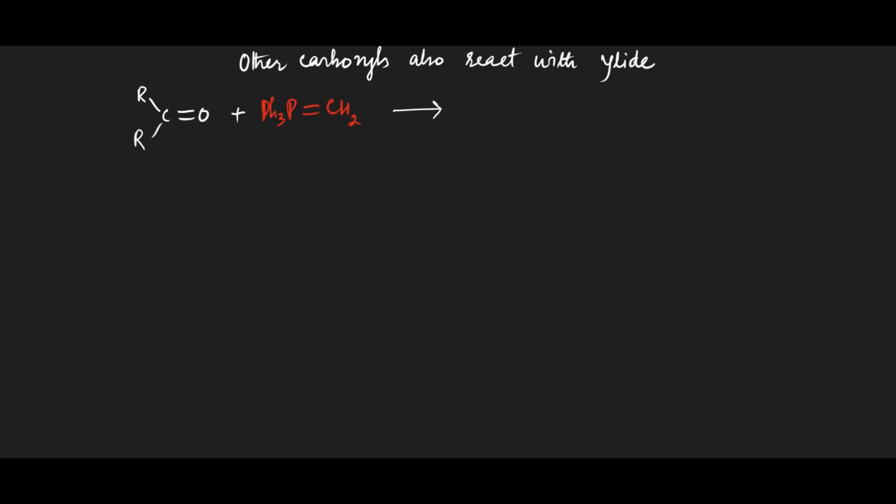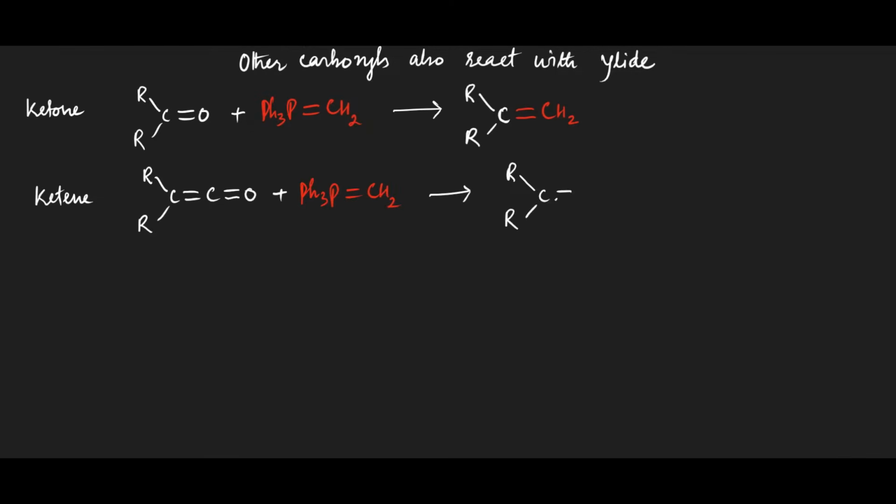Not only aldehydes and ketones, but other carbonyls also react with ylides in a similar manner. For example, as already shown, this ketone, on reaction with an ylide, forms this alkene as product. In a similar way, this compound, called ketene, also reacts in a similar manner to form an allene as product.